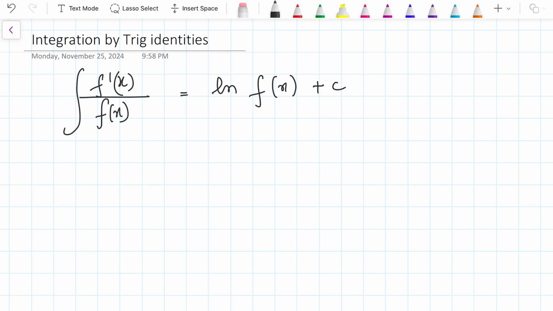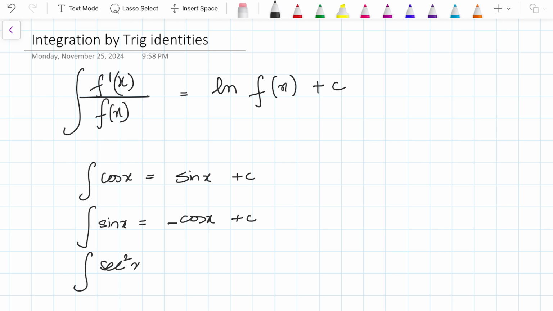So, the basic thing is that the integral of cos x is equals to sine x plus c. The integral of sine x is equals to minus cos x plus c. And the integral of sec square x is equals to tan x plus c.